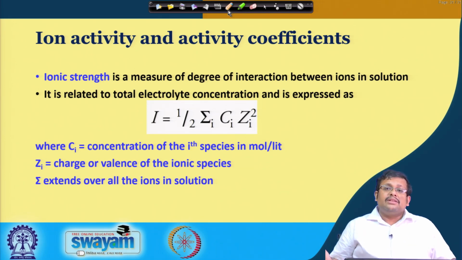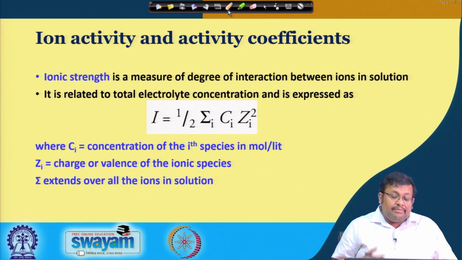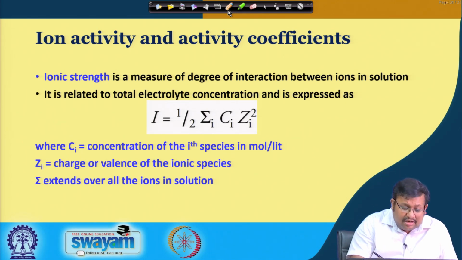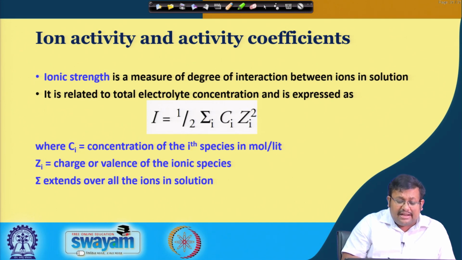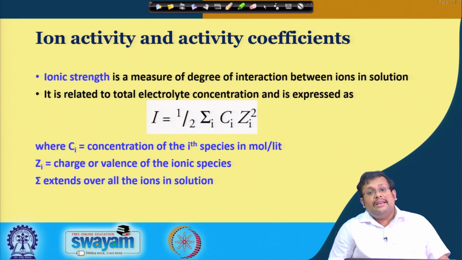So, whatever ions are present, we sum their respective concentrations times their charge or valence squared, and then we get the total ionic strength.